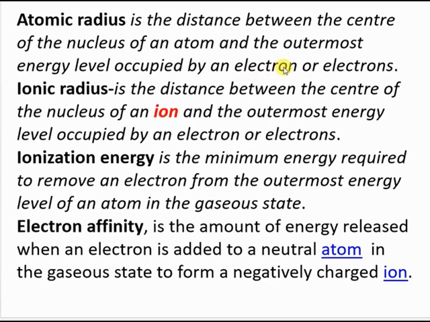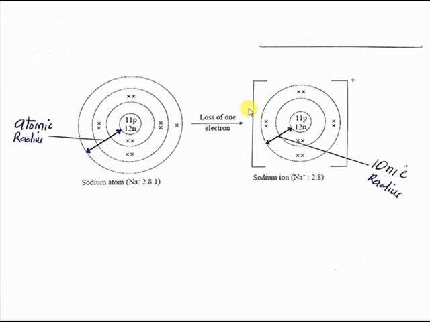The atomic radius is from the center of an atom; this distance from here up to here is what we call the atomic radius.